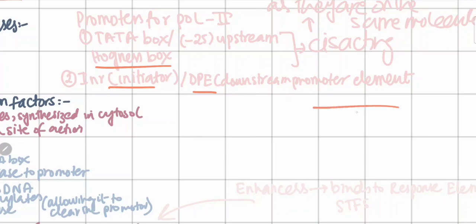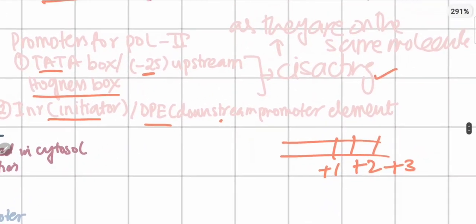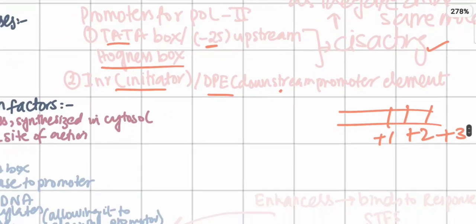Downstream promoter elements are located in the positive integers, after the start of transcription. That's why they're called downstream, right? But most important is the TATA box, that is at -25 upstream. That's important to remember. And it is cis-acting. Cis-acting means they are located on the same DNA molecule, that's why they are cis-acting.